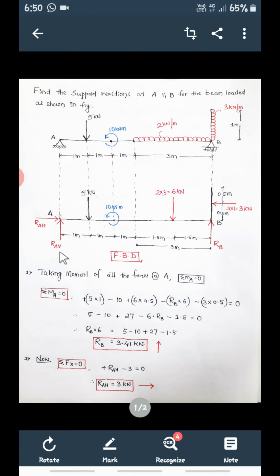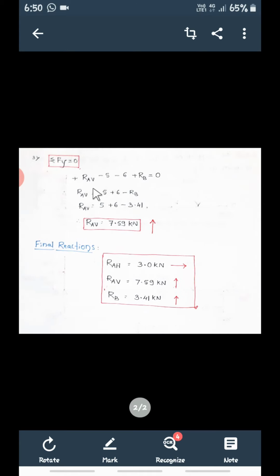So plus RAV, minus 5, minus 6, plus RB. These two are upward forces, positive, and these two are downward forces, negative. So summation Fy equal to 0: plus RAV minus 5 minus 6 plus RB is equal to 0.